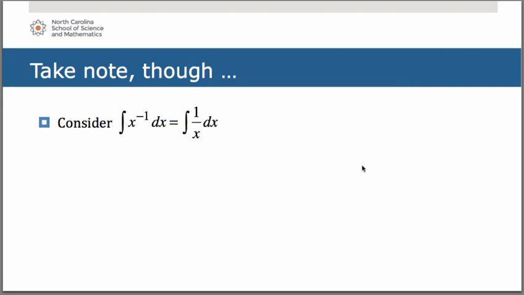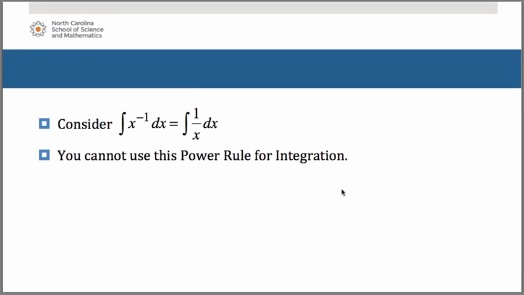A couple things to note though. Consider the antiderivative of x to the -1 dx, which can be rewritten as the antiderivative of 1 over x dx. You cannot use the power rule for integration on this, because if you add 1 to the exponent and then divide by that new exponent, you end up dividing by 0, which we all know you cannot do.